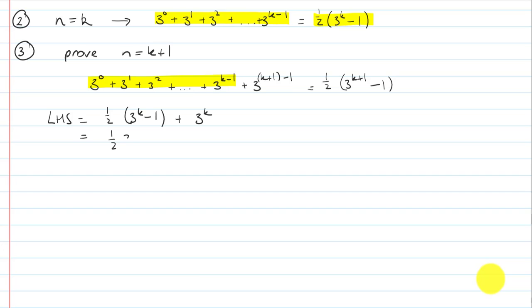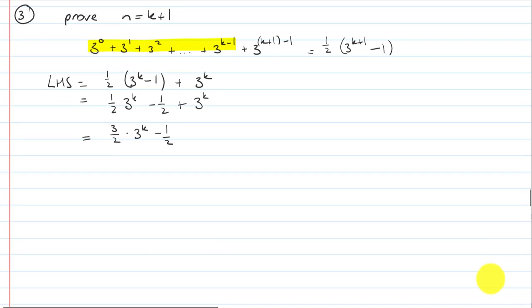A half 3 to the power of k minus a half plus 3 to the power of k. Of course, that gives me 1.5 times 3 to the power of k, which can also be written as 3 over 2 times 3 to the power of k, minus a half. And now I can take a half out as a common factor. So it gives me a half, 3 times 3 to the power of k minus 1.